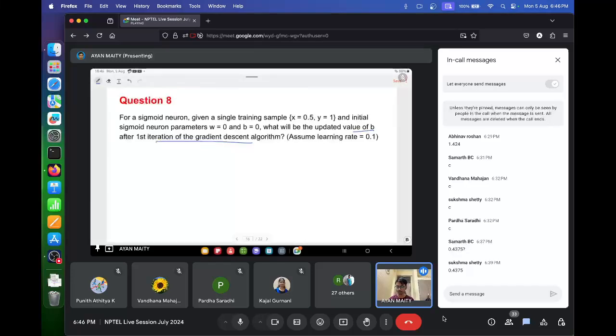For that you need to know the derivative of the loss function with respect to bias b, and then you have to put the values into it. So this is 0.0125.